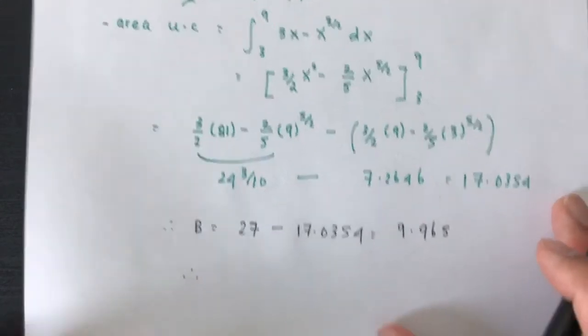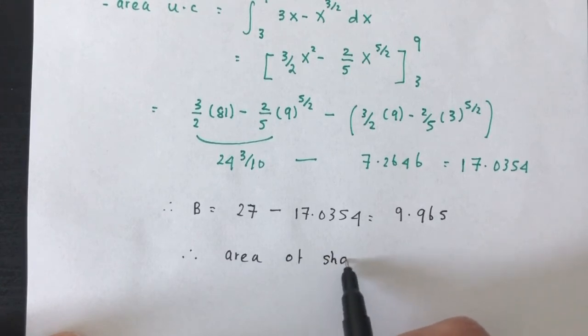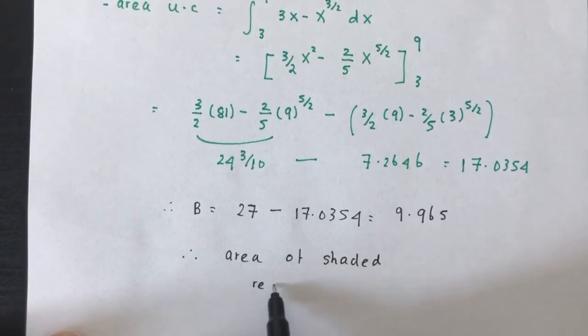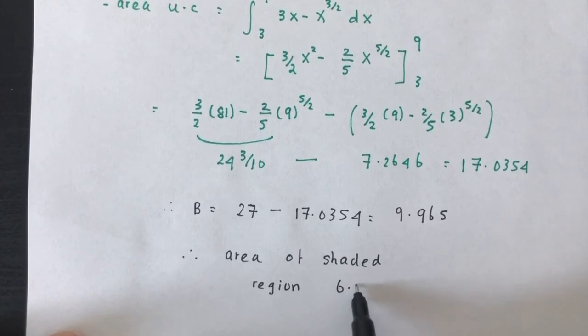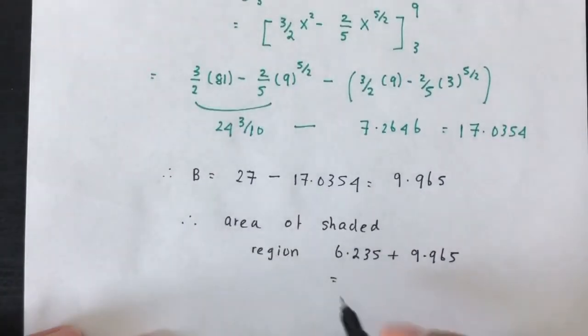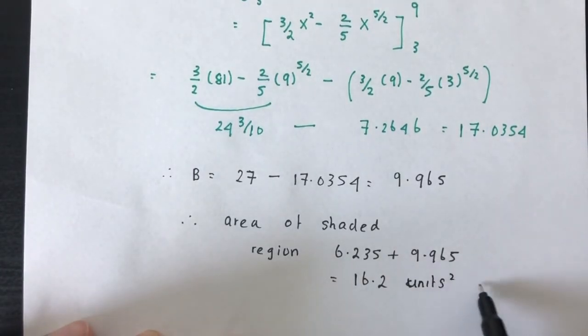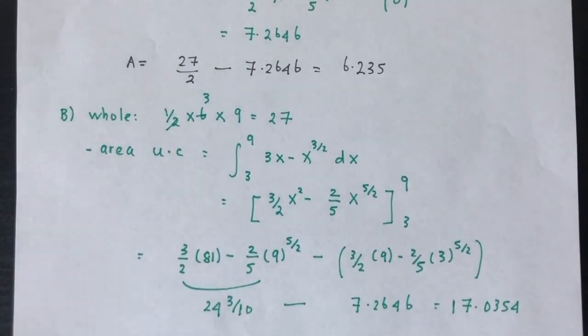So finally, the area of the shaded region will be A plus B. A is 6.235 plus 9.965. That will be 16.2 units square. Okay, so that will be your question number 11.